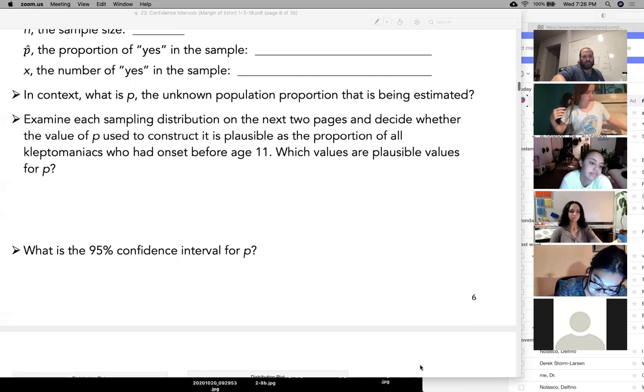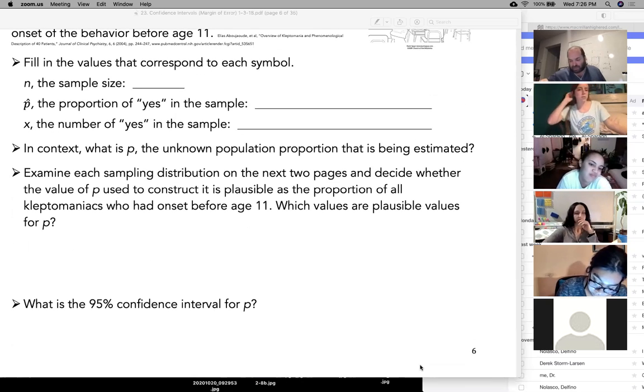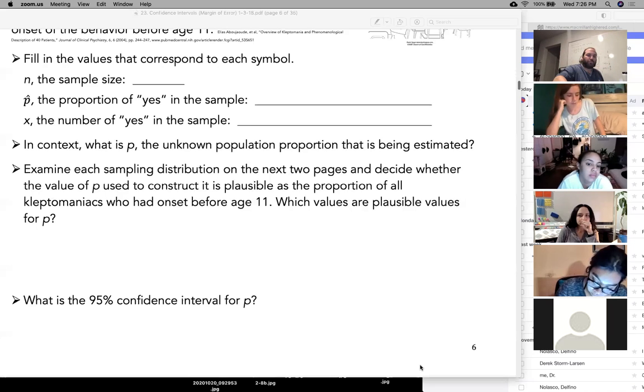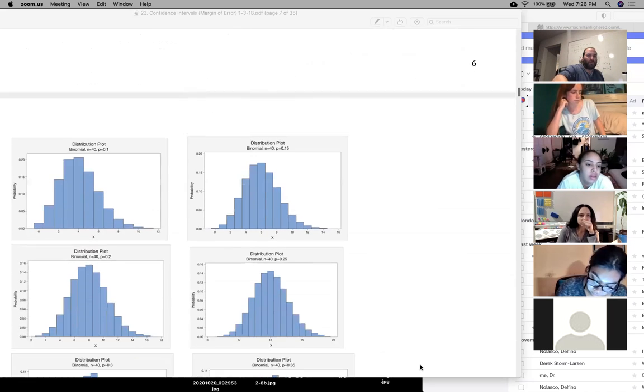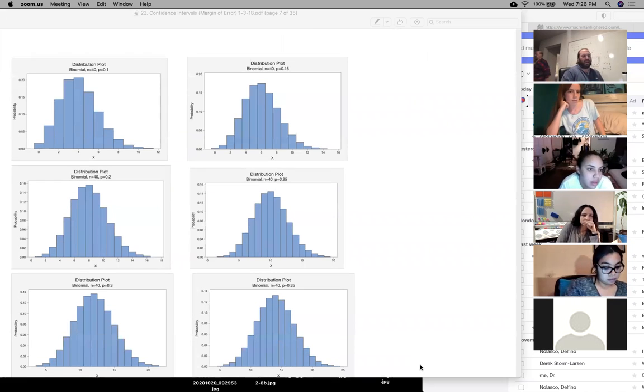Now, next question. What is the 95% confidence interval for P? Here, we're going to look at 12 different graphs and use them to decide what the confidence interval is.